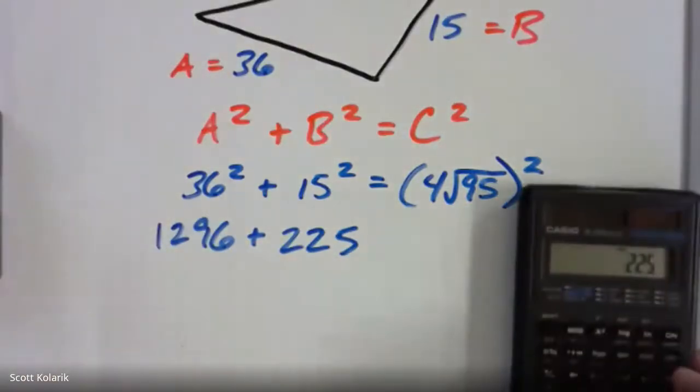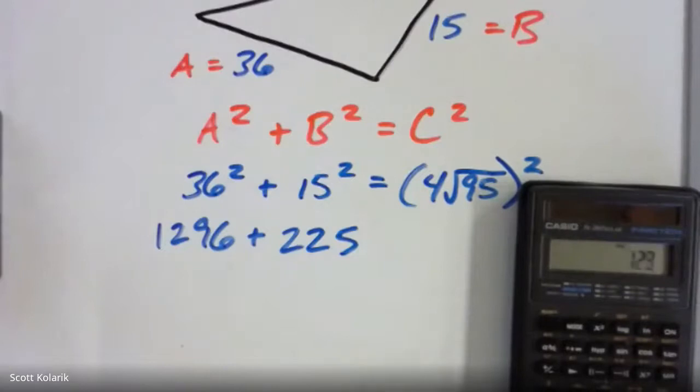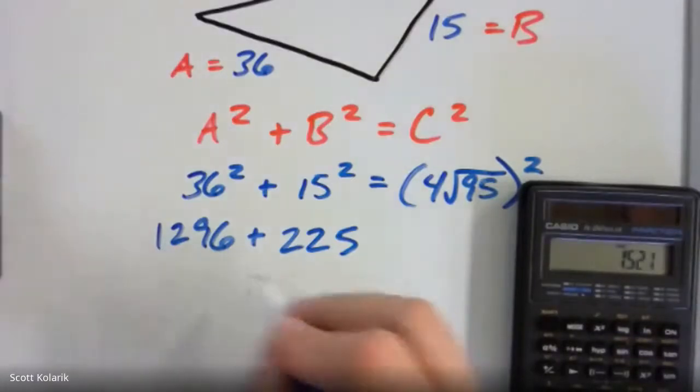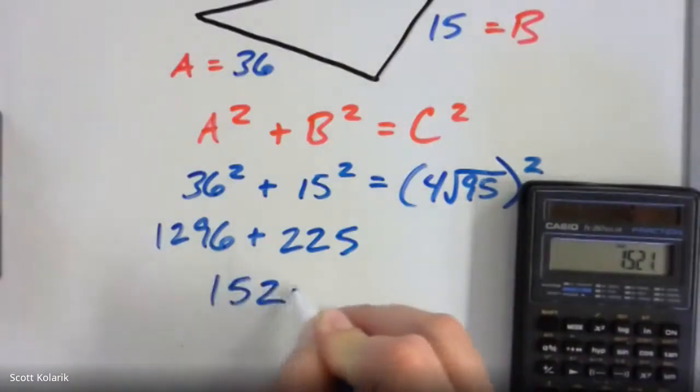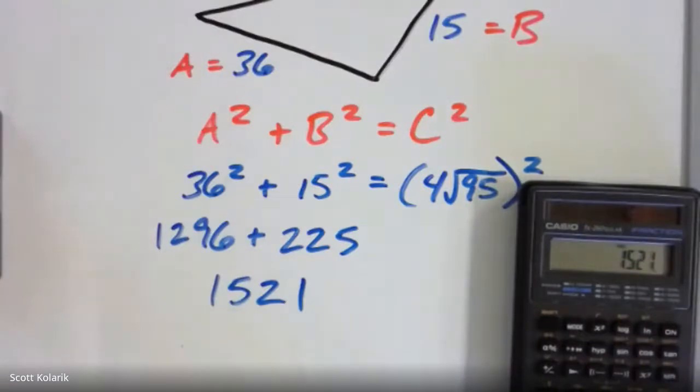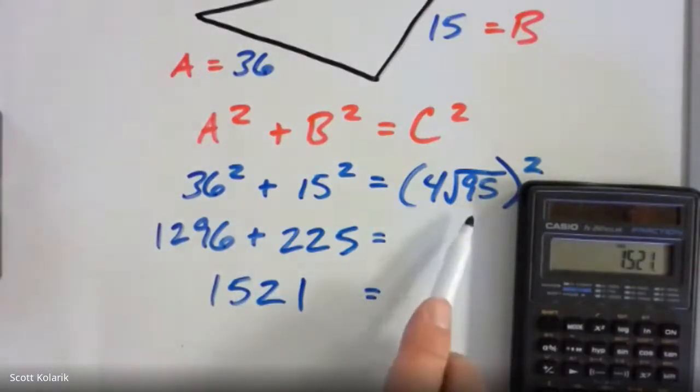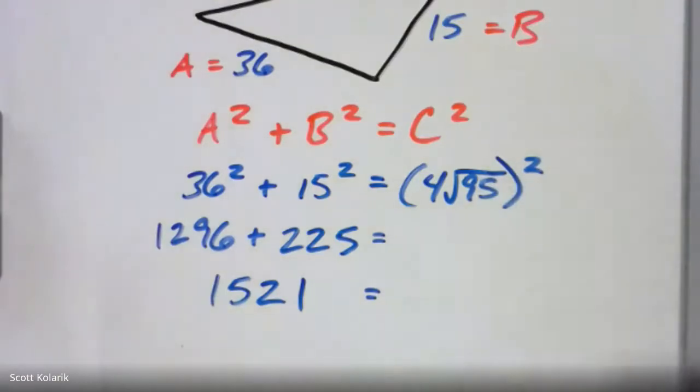Okay, now adding those two values together gives me 1,521. So when I go through a squared plus b squared, I get this result of 1,521. What we're going to find out is whether or not that ends up matching the c squared over here. But this one's a scary one. So let me deal with this guy now.